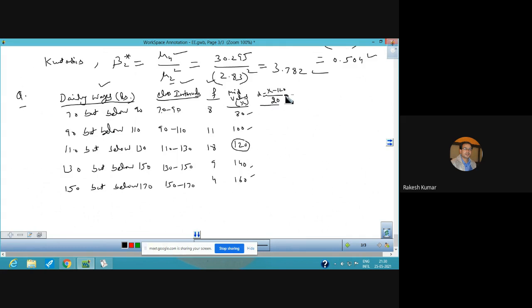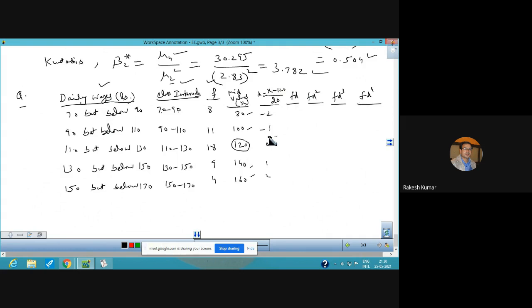Now you see the values of d come out to be: x is 80 minus 120, that is minus 40, divided by 20, so minus 2, minus 1, 0, 1, 2. Now for the moments we require fd, fd square, fd cube, and fd to the power 4. These are the required columns.